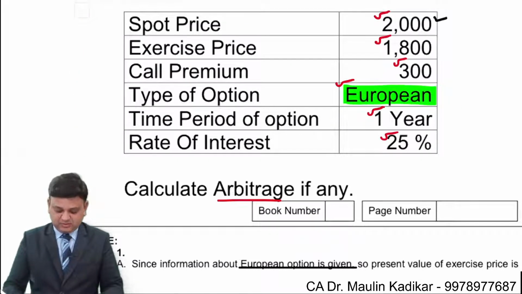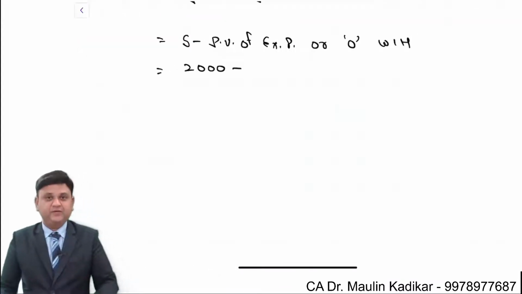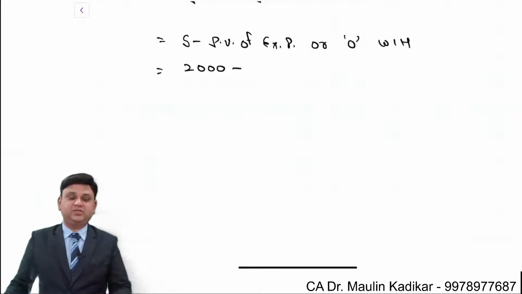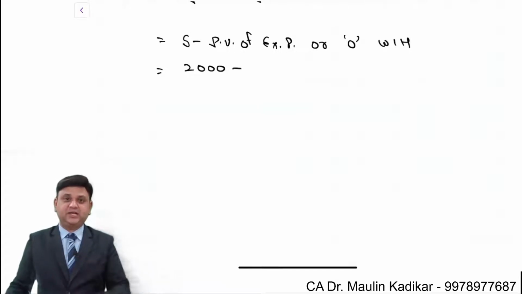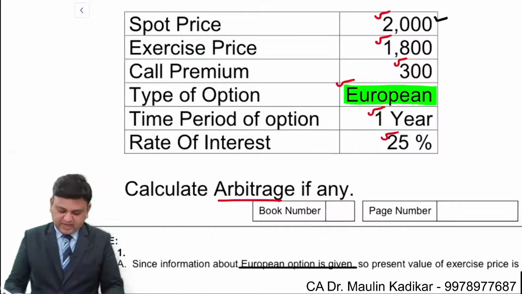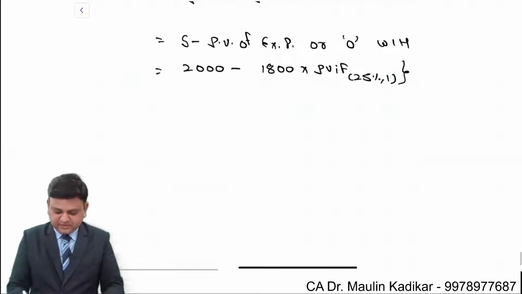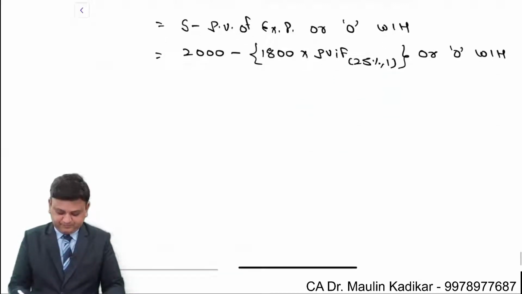Spot price is 2000. Friends, the premium amount is supposed to be charged on 1st of January, that is today. So we are discounting the exercise price in the current term for finding the minimum premium. Minus exercise price 1800, and it will be discounted. 1800 into PVIF at 25% for 1 year, or 0, whichever is higher.